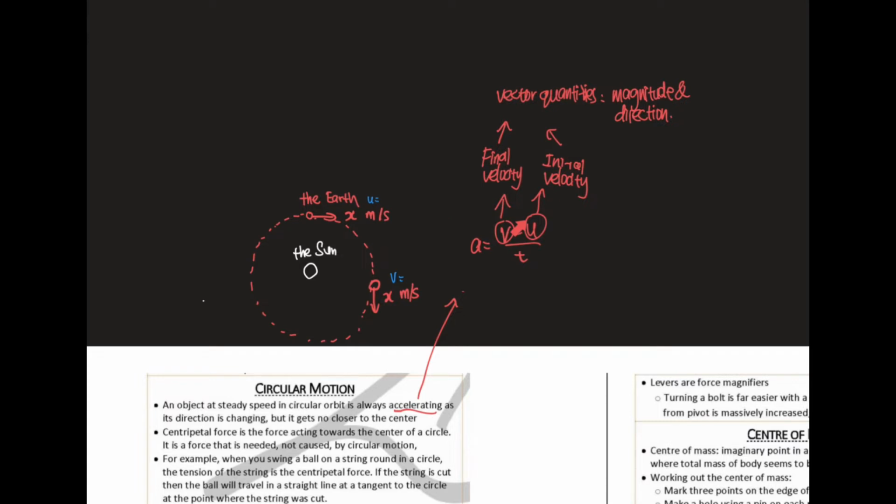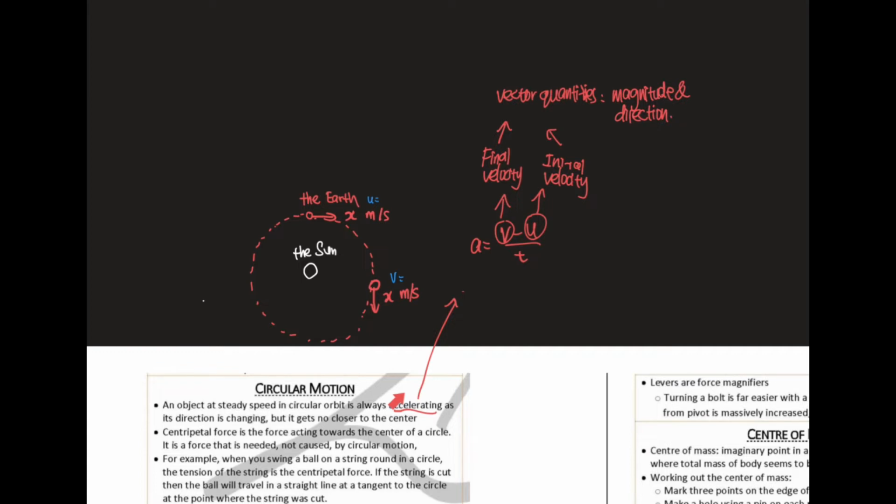You just need to know that because of the difference in directions, when you subtract, you won't get 0. We don't take the speed x minus x, we take the vector, which ends up non-zero. Because of that, we say that the earth is accelerating. You can't get 0, that means a has a value, accelerating.